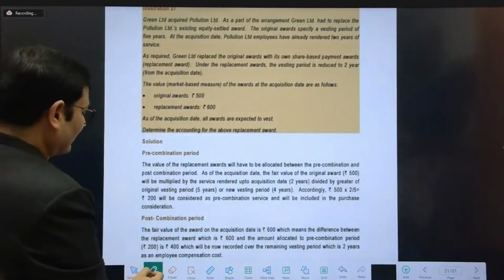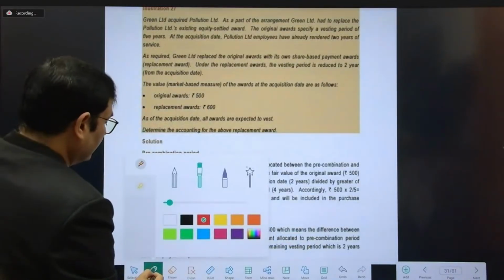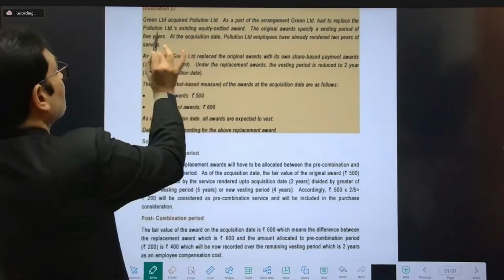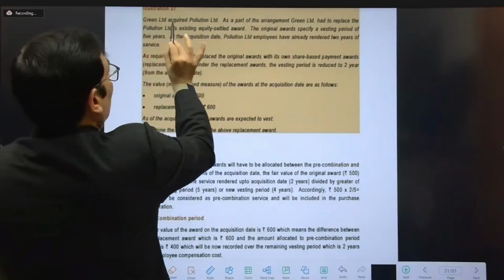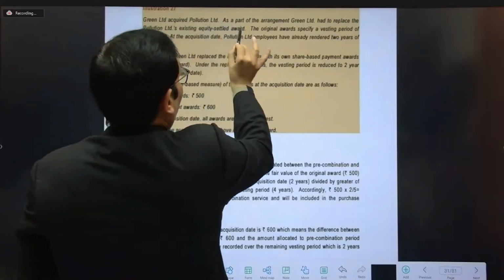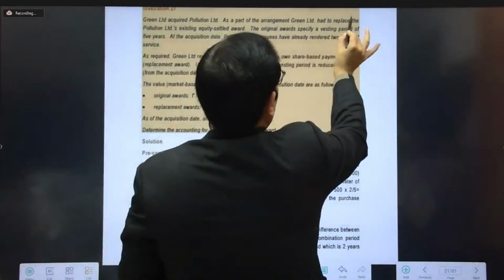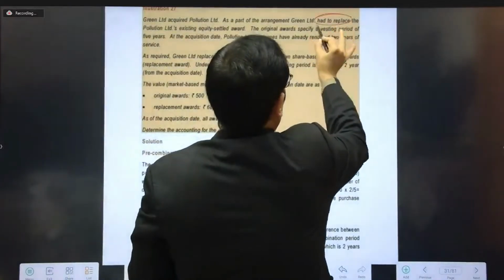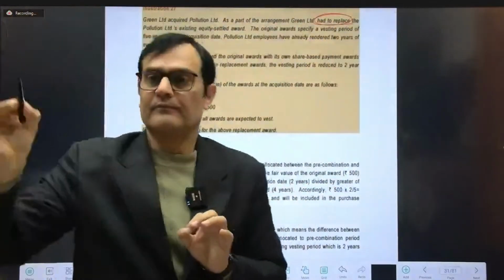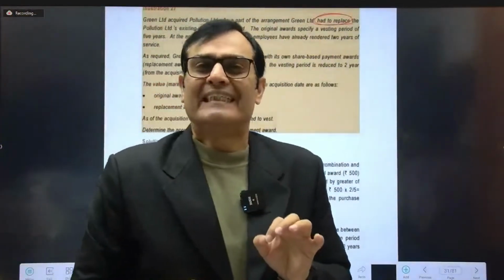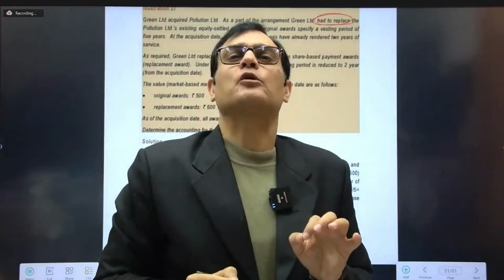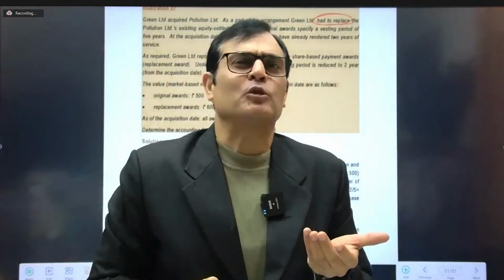Okay, so let's read illustration number 27. Let's look at the facts and decide the kind of situation. Green acquired Pollution as a part of the arrangement. Green had to replace. I need to interpret the words "had to replace." But let me still ask you, Basanti, tumhara naam kya hai?